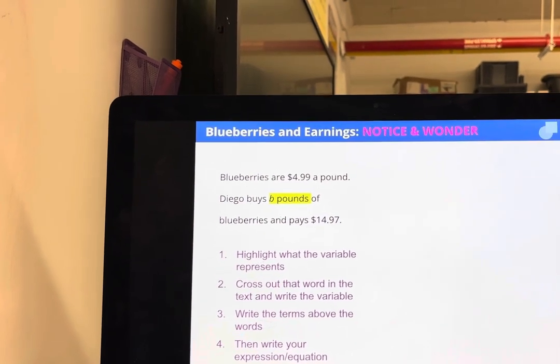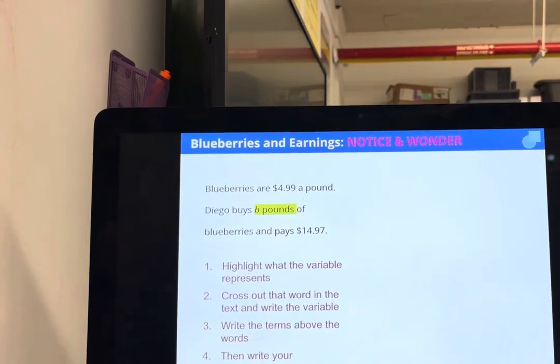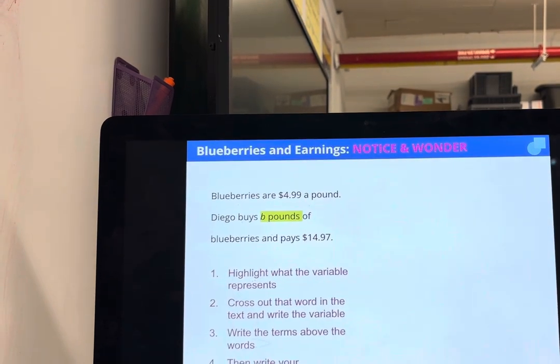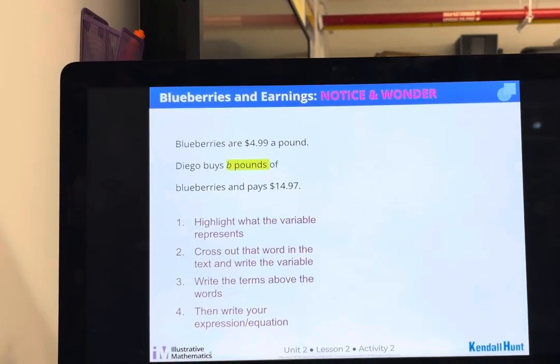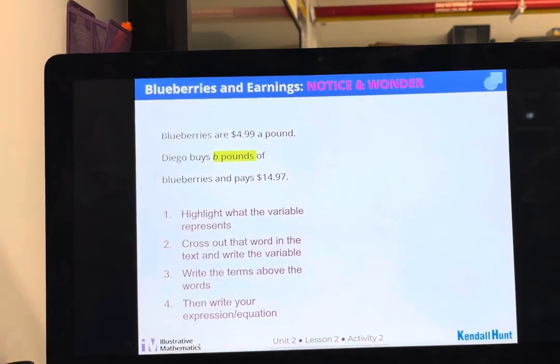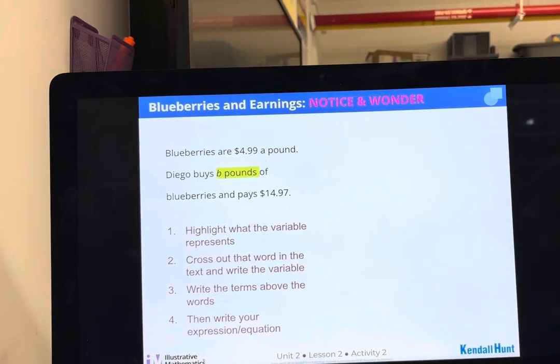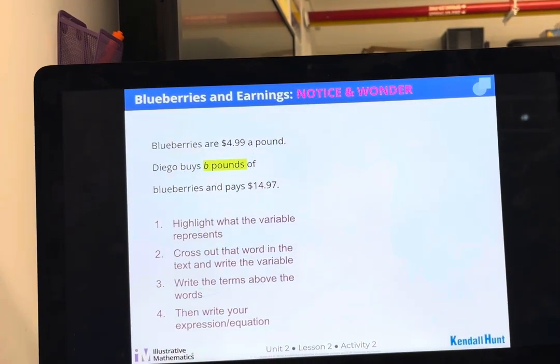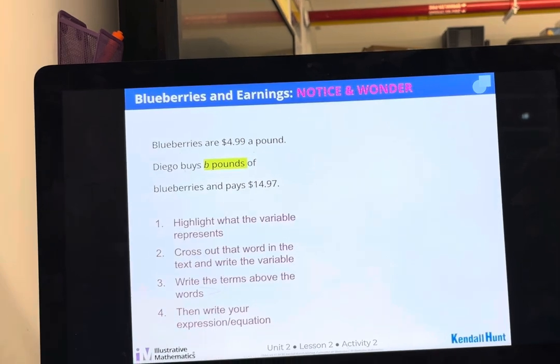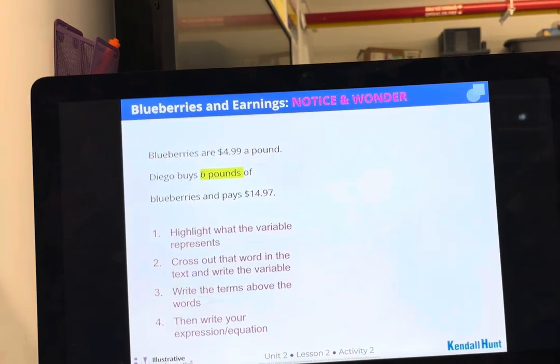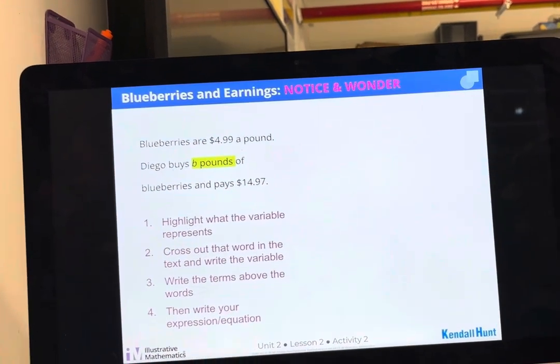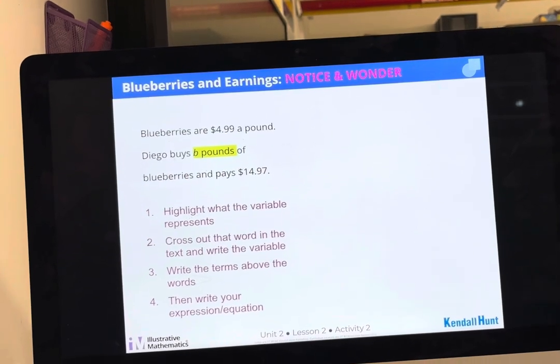And again, we have $4.99 for a pound of blueberries. We are buying B pounds. So the cost of B pounds in this case is going to be $14.97.